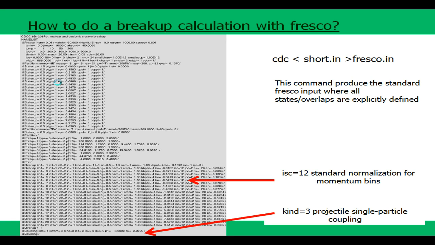There's the standard Fresco namelist up here, and then there's a partition defined, and then a whole list of states that are included in this calculation, and all those states have the same spin and parity. All of them are 0.5 spin, parity positive. When you look at the overlaps that are generated, all of them are L equals 0. Let's see if I can find the L equals 0. There it is. So all of them are L equals 0.